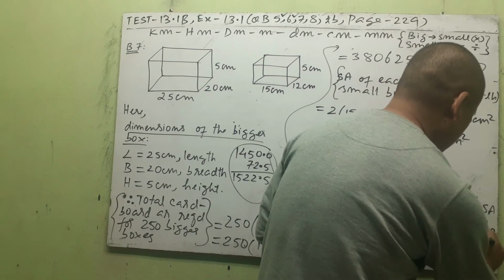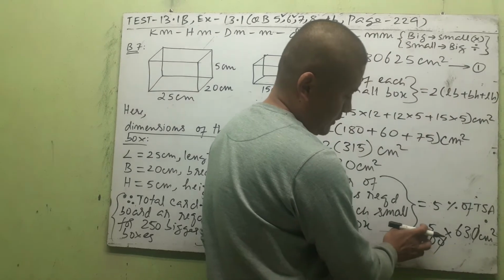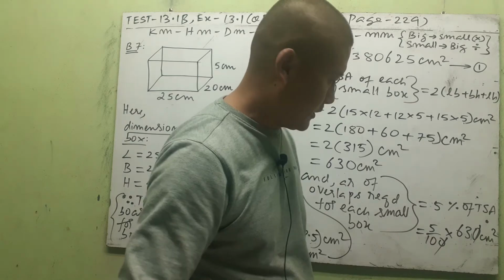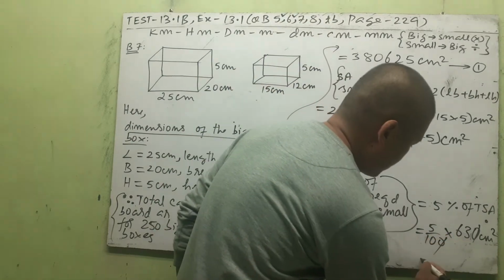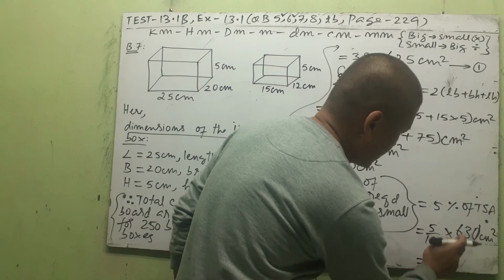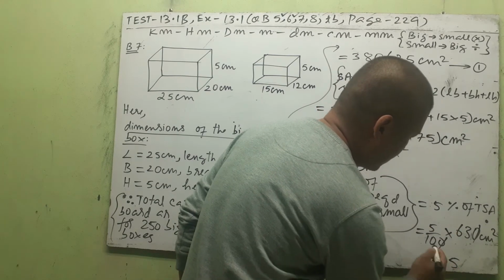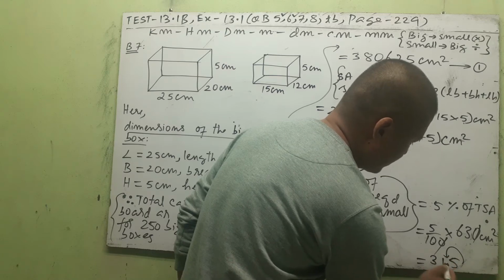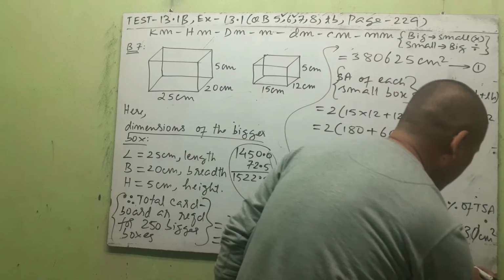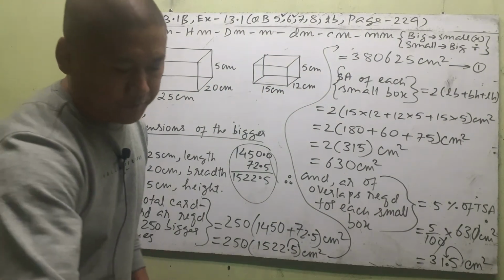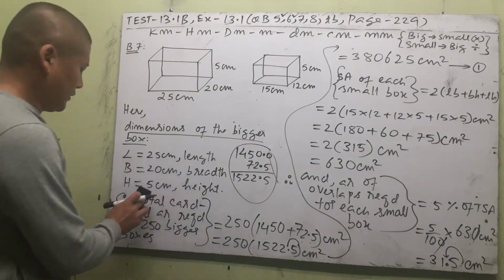So we can cancel this 0 and 0. Just like we did earlier, this 10 is very easy to divide, so let us not cancel any further. 5 3s are 15, 5 6s are 30 plus 1, 31. 10 means the decimal moves between 1 and 5 to the left, 1 place because of the 0. So 31.5 centimeters square is the area of overlap required for each smaller box.